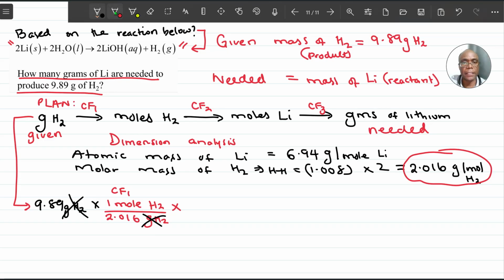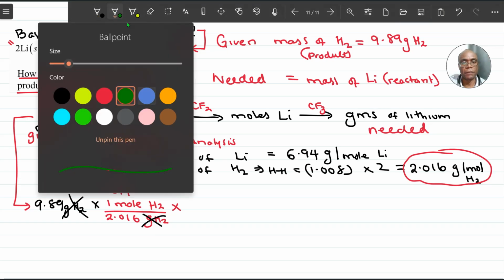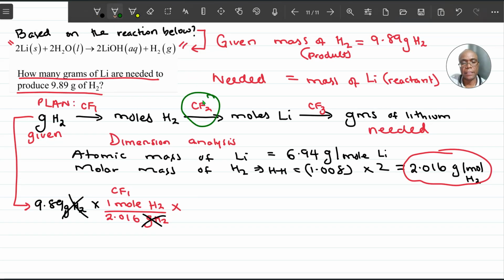So I'm going to need my second conversion factor, this right here. I need to go from moles of hydrogen gas to moles of lithium. And in that case, I'm going to compare the reacting ratio of hydrogen gas and lithium in the balanced chemical equation. So there's only 1 mole of hydrogen gas here, and there's 2 moles of lithium.